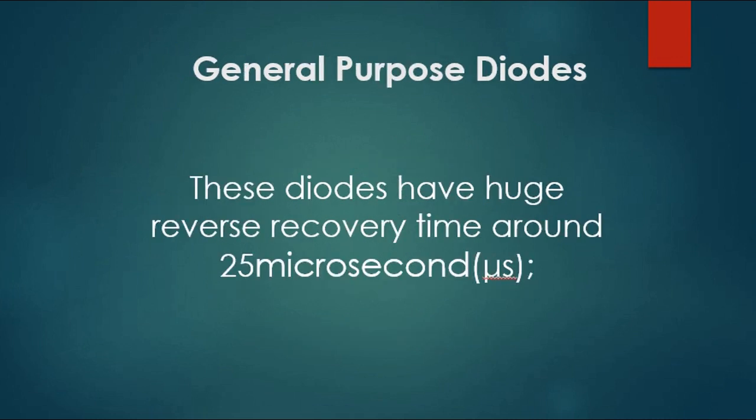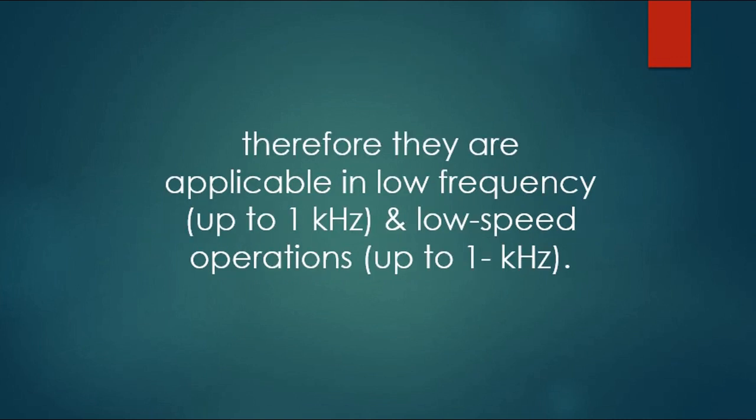Now, the general purpose diodes have a reverse recovery time of around 25 microseconds. You know what that means: the recovery time of this general purpose diode is very fast. It recovers immediately without wasting time, and that is why it is called a general purpose diode.